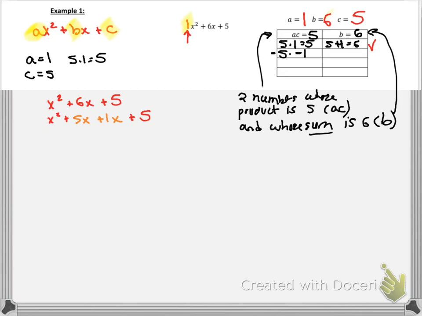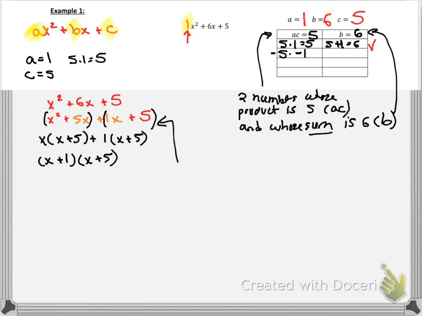Hopefully you can see this lends itself to what we were doing in 4.2, which is factoring by grouping. So I can factor out an x here, and I can factor out a 1 here. So my final answer is x plus 1 times x plus 5.